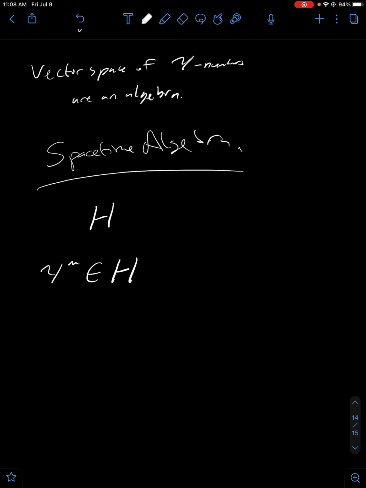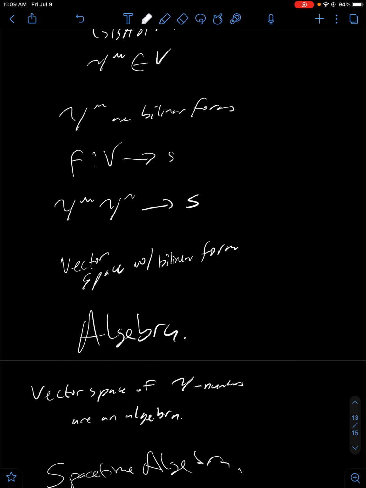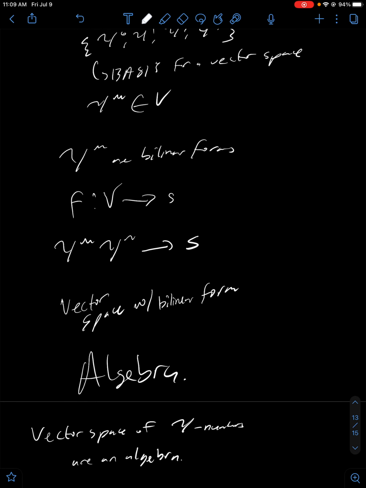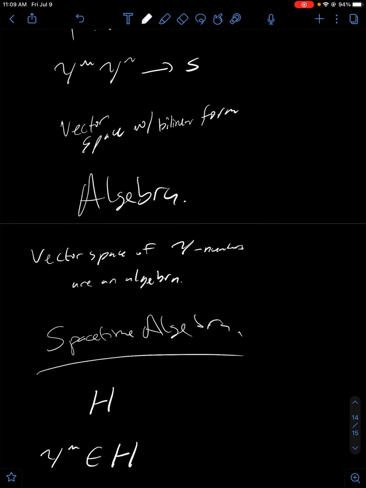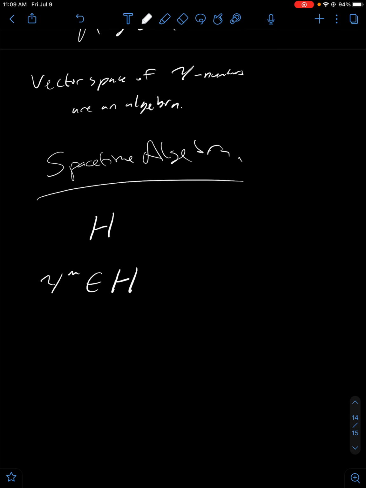Now, there are various types of algebras in math, and the specific algebra that the Spacetime Algebra is, is a Clifford algebra. Now, this is a whole new topic on its own. I'm going to cover it very, very briefly, but the Clifford algebra Cl(A,B) is just an algebra where some elements square to -1 and some elements square to +1.